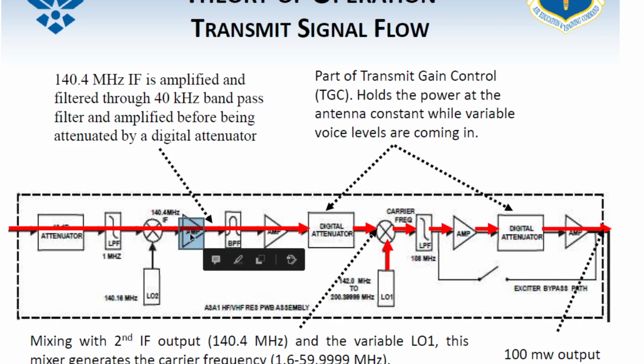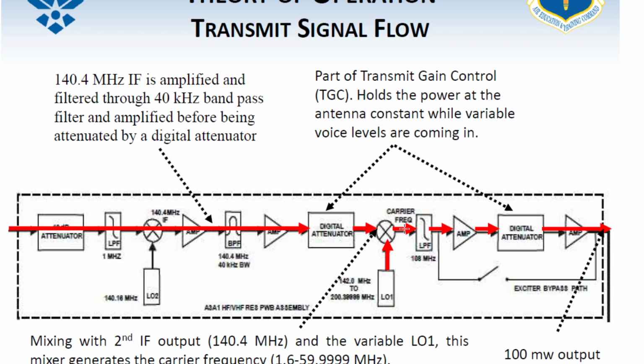So these amps are here to, one, make sure it gets through. Once it goes through this bandpass filter, which is looking for a specific frequency, it's going to need to be amplified again because it's going to go through another attenuator. Now, something to note with these attenuators here, they're part of what's called TGC, not THC, the stuff that's legal in Washington. This is transmit gain control.